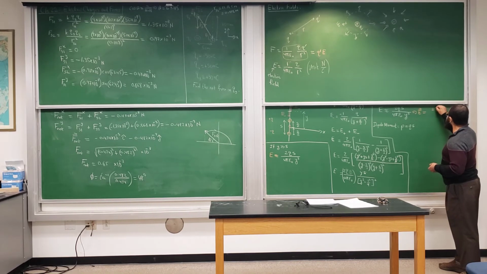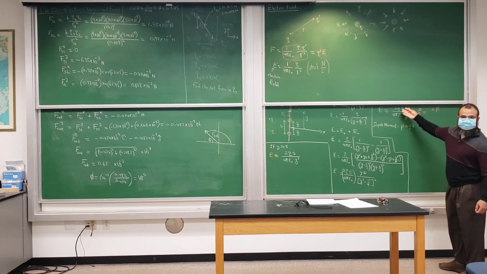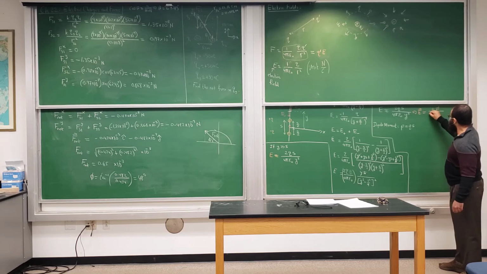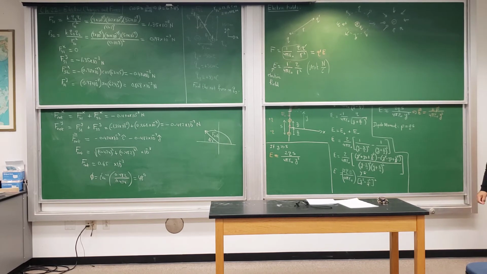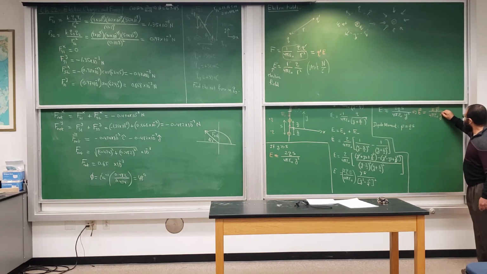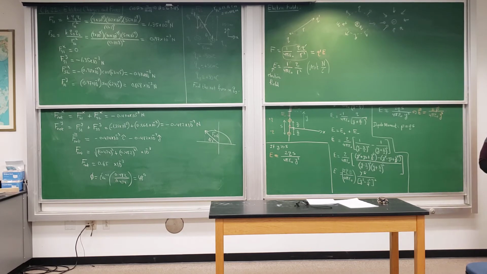And I'll put a vector sign on p, because it points in the direction of the field, upward, divided by 4 pi epsilon naught y cubed. You can just get rid of 2, right? Because this is 4. We can get rid of 2, but for now we want to keep the 2 at the moment.